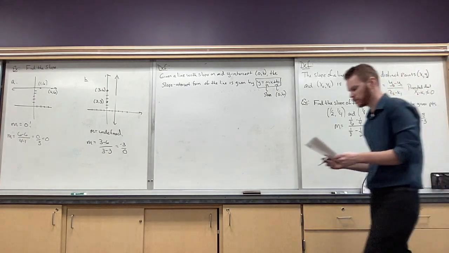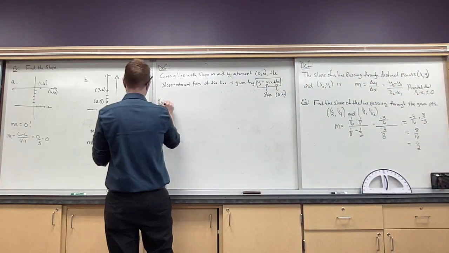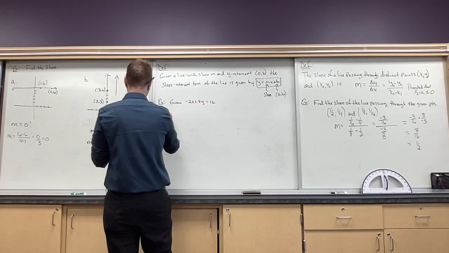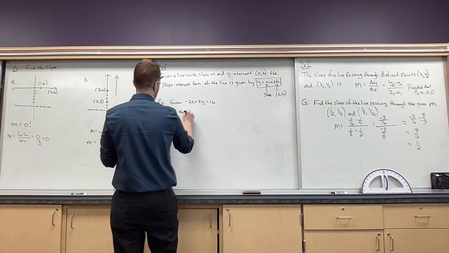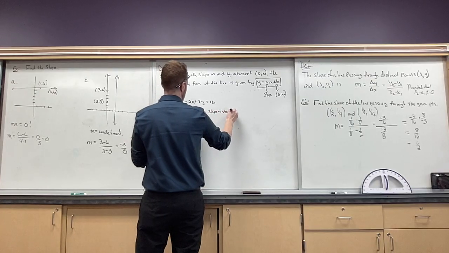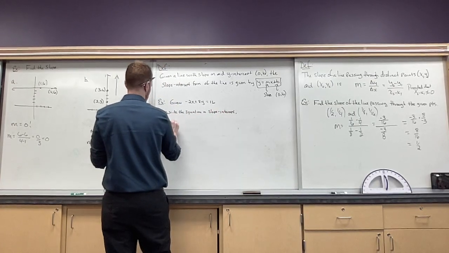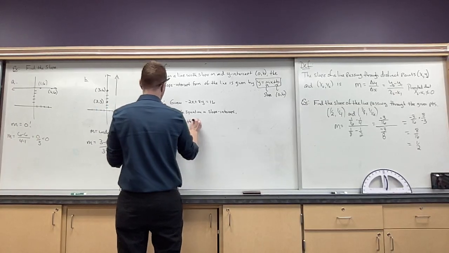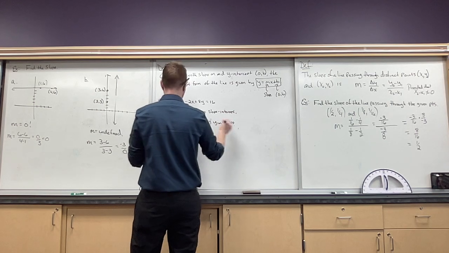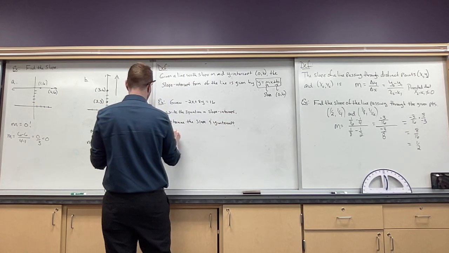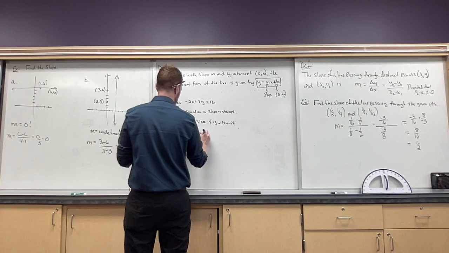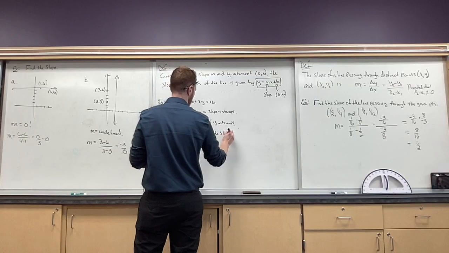All right, so let's use it. Given the following, we're going to first write the equation in slope-intercept form, then determine the slope and y-intercept, and then the last one, graph the line by using the slope and y-intercept.